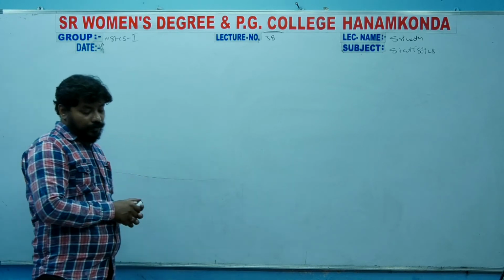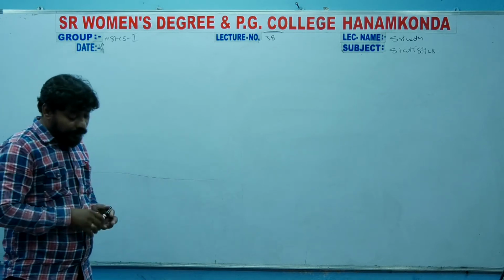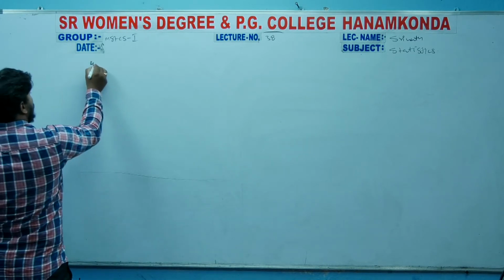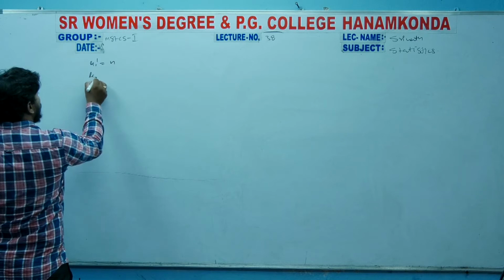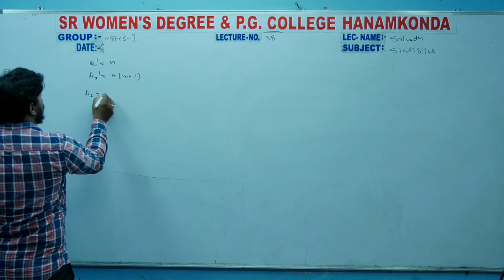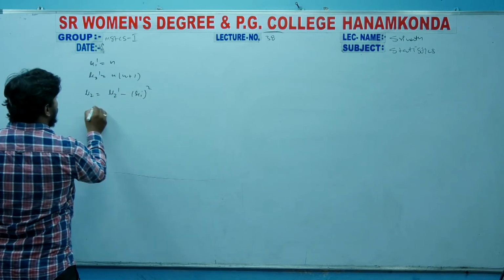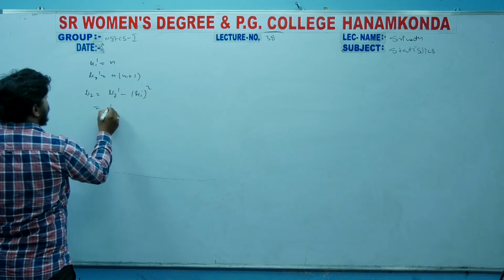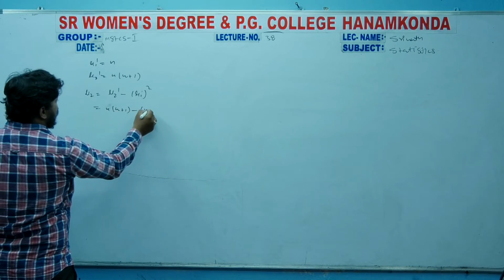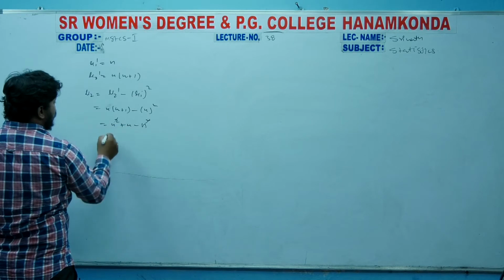Similarly we can find out mu2 dash, and here we will get mu1 dash is equal to n and mu2 dash is equal to n into n plus 1, and variance mu2 is equal to mu2 dash minus mu1 dash whole square, that is n into n plus 1 minus n square, and n square and minus n square get cancelled.